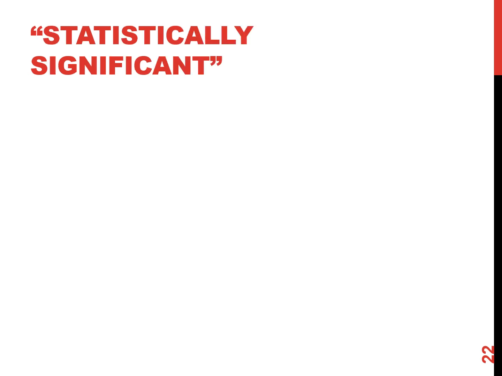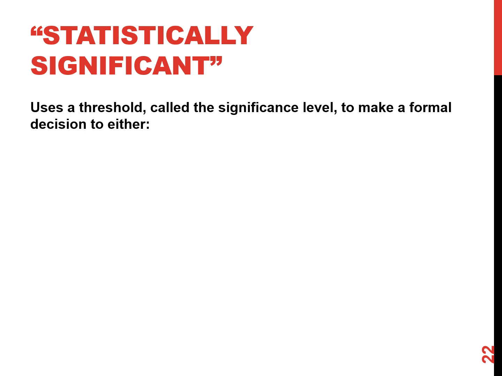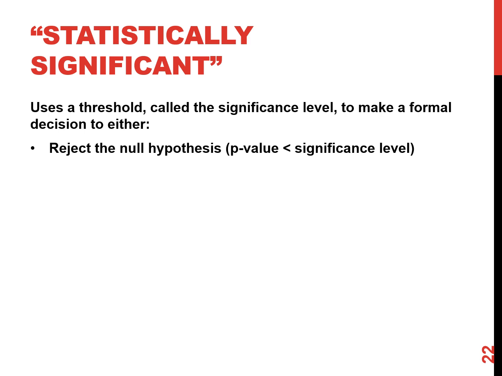Next, I want to talk a little bit about what it means for something to be statistically significant. To determine whether something's statistically significant, we use a threshold called the significance level to make a formal decision to either reject the null hypothesis if the p-value is less than the significance level.